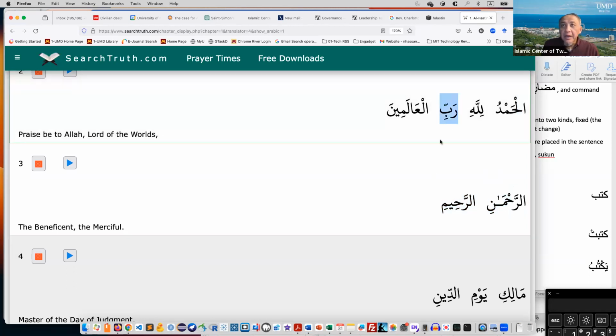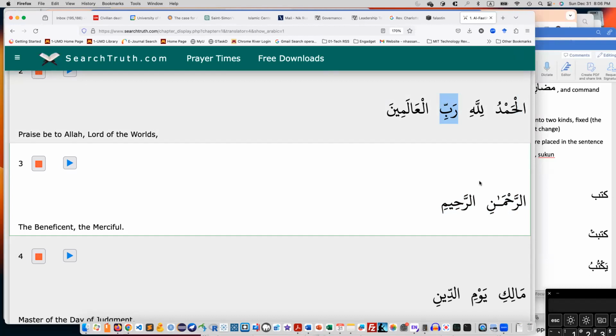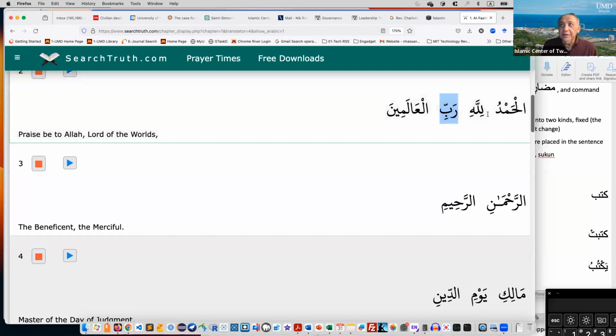Rabbil, Rabb, which is God. Alhamdulillahi Rabb. And what did we say about the three statuses? The doer, the detail, and the possessive form, which is after 'of'. So what is the possessor here? Alhamdulillah, lillahi.